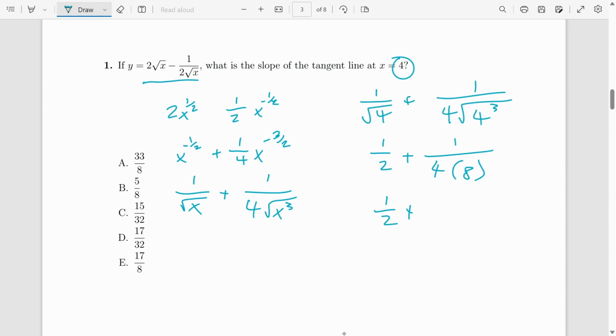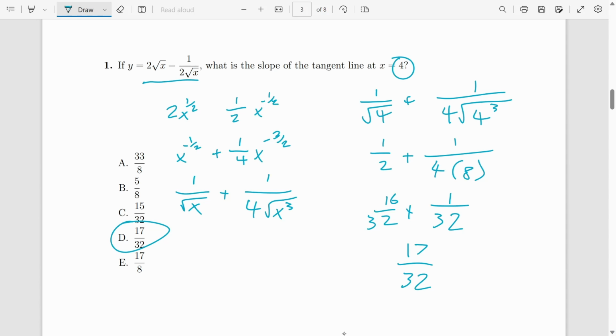This is 1/2 plus 1 over 32. Now to get common denominators, 16 over 32 is the same as a half. We have the same denominators now, so this is 17 over 32. So that's how you get the answer of D.